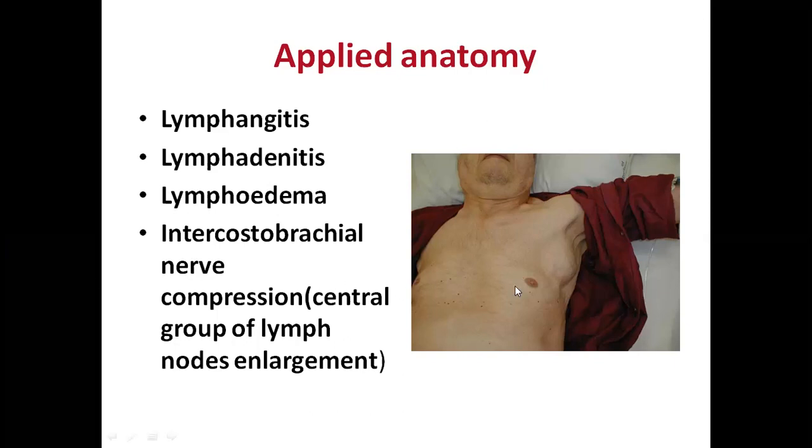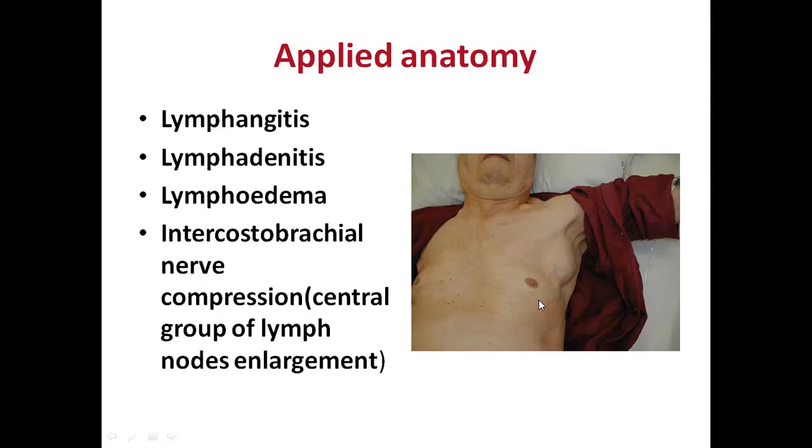So suppose the axillary group of lymph nodes is enlarged. There is one nerve which you have seen when you were doing the brachial plexus, the intercostobrachial nerve. We also discussed this when we were doing axillary lymph nodes and the lymphatic drainage of the mammary gland. This word usually comes up. The intercostobrachial nerve is the thoracic nerve which pierces the thoracic cage and enters the medial aspect of the arm.